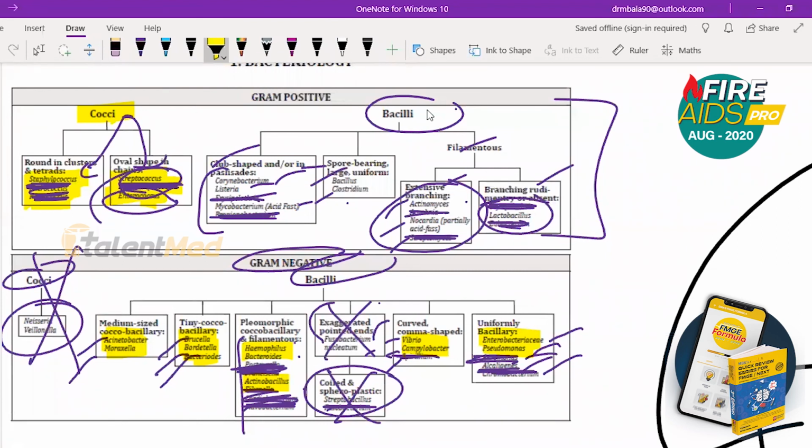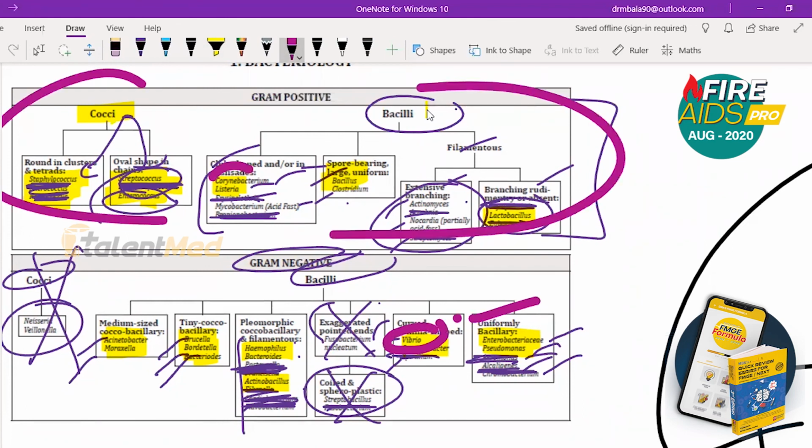Okay. Why I'm saying this now is it's a direct question. If you get a clinical case, for example, a patient with dysentery, and in the exam the clue they give is that this is a gram negative bacilli, and you have options like Listeria, Bacillus, Actinomyces, Lactobacillus, and Vibrio, you can directly go for Vibrio because none of the others are gram negative.